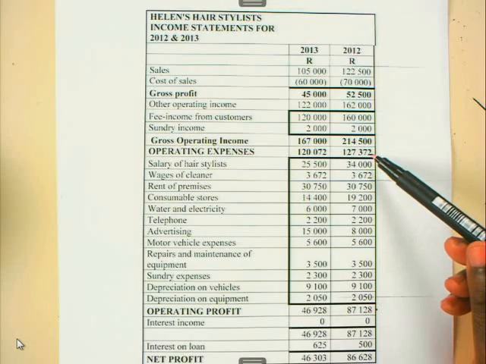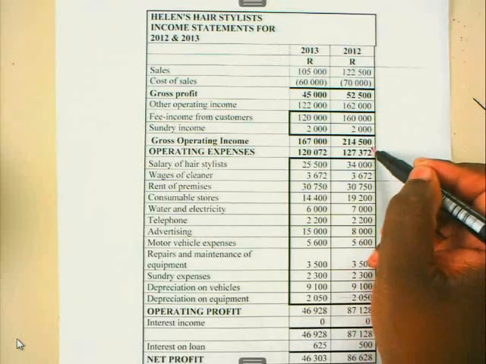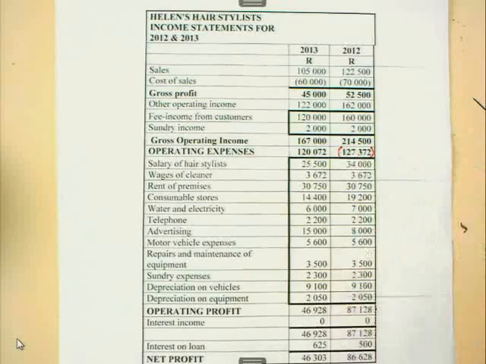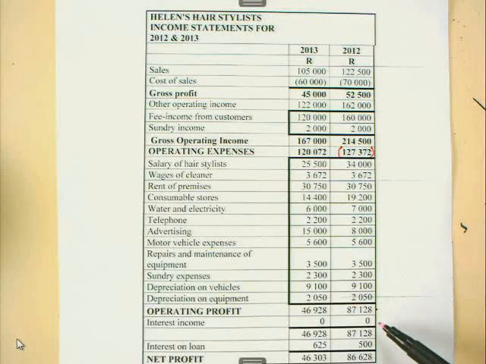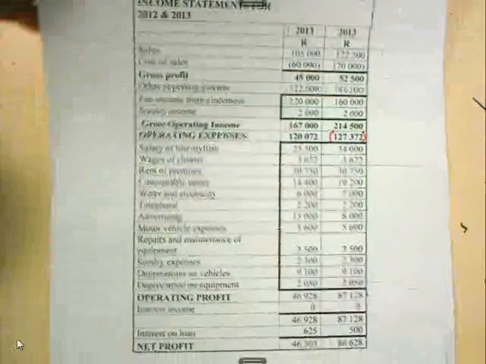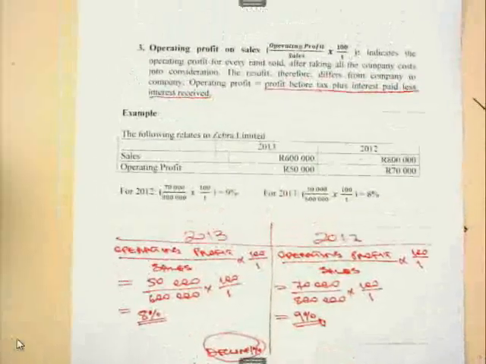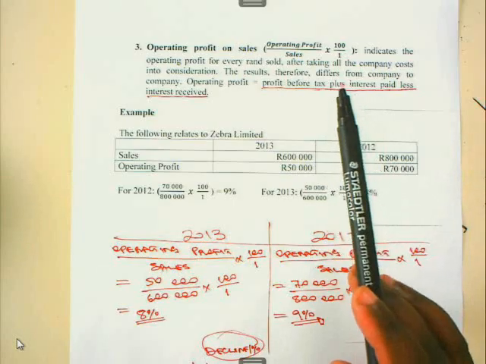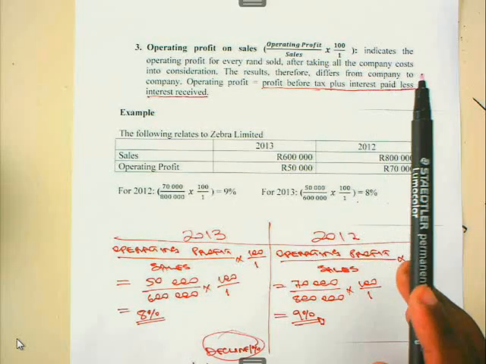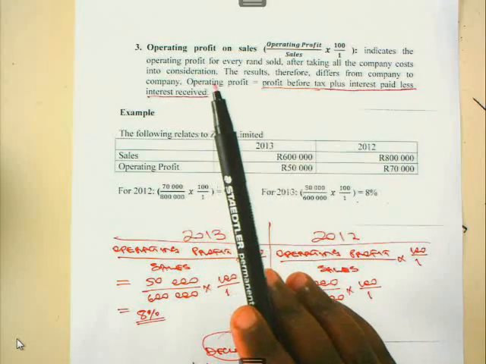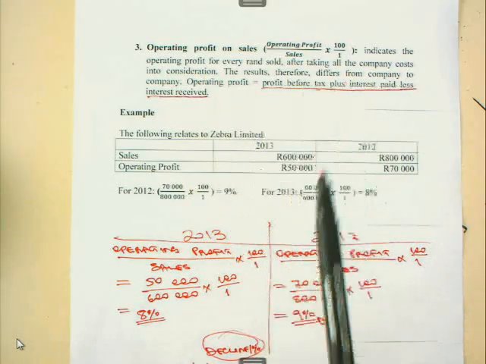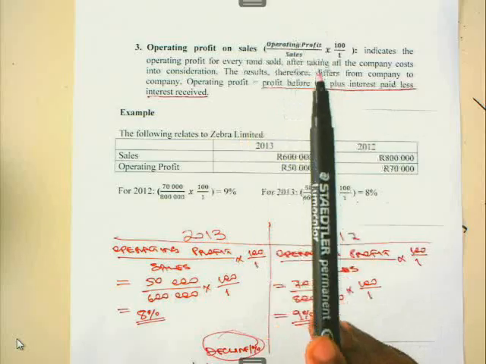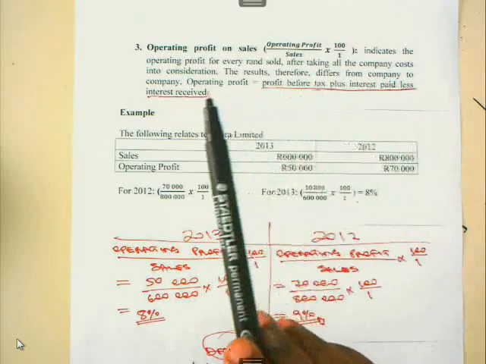We took out expenses to take us to the operating profit of 87,128. Therefore, this agrees to what I said earlier when I said here we'll have to indicate the profit of every rand sold after we have taken all the company costs into consideration. Therefore, the results for this will differ from company to company.